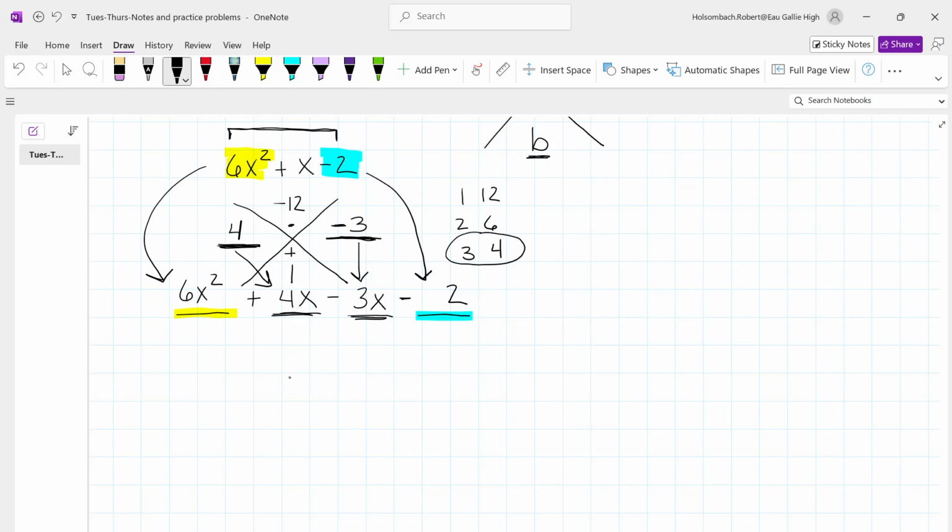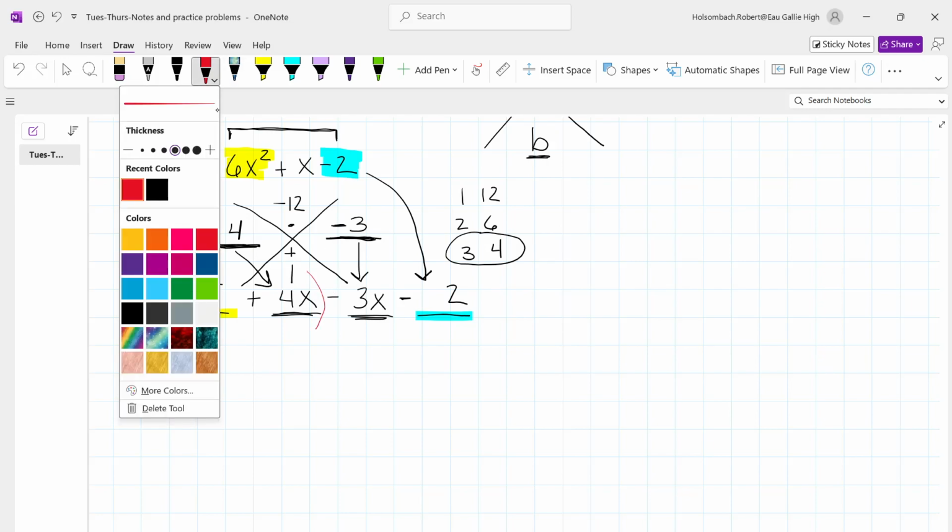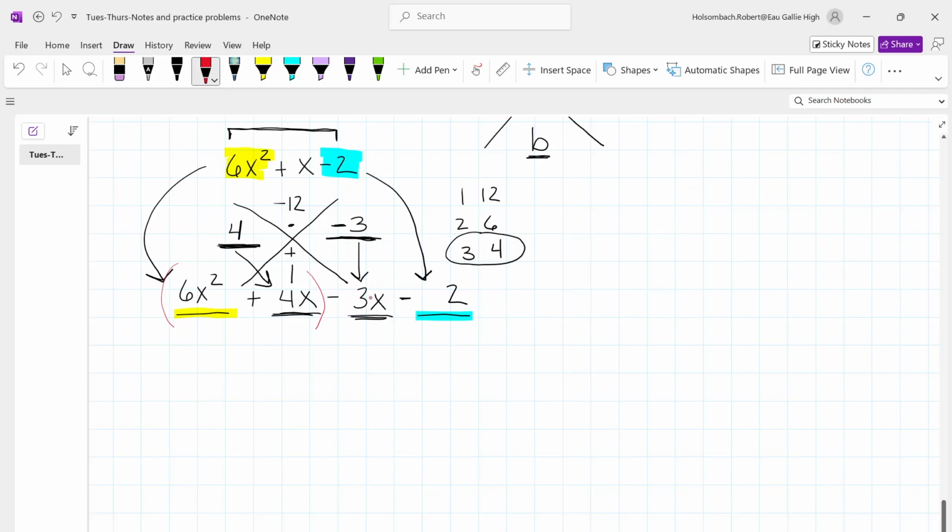Now we do a technique that's called factor by grouping. So we put parentheses here and here. And then here and here. Now we're going to factor each of these binomials like we factored on Tuesday.